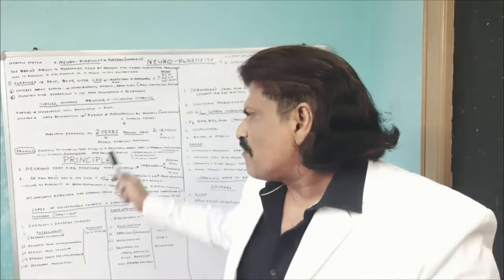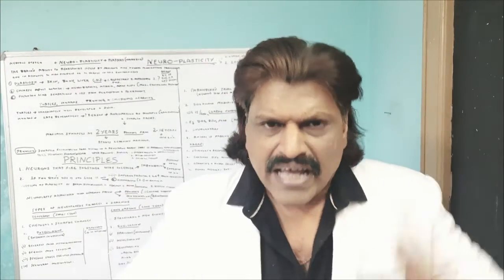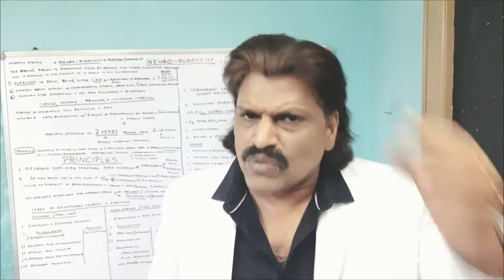So these are the two fundamental principles on which neuroplasticity is based. The first is that neurons that fire together, wire together. Example, a person throwing a ball in the basket. Second is that if you don't use it, you lose it. If you don't use your reading or writing centers, the angular gyrus is not well developed; for spatial orientation, the right hippocampus will not develop.